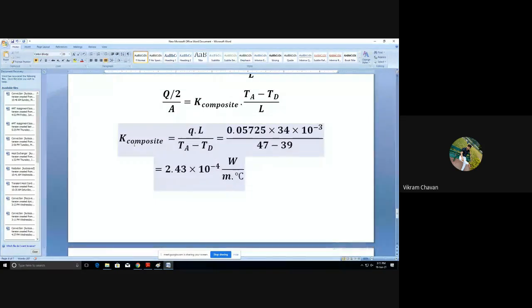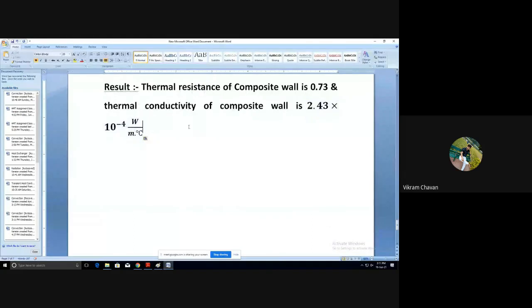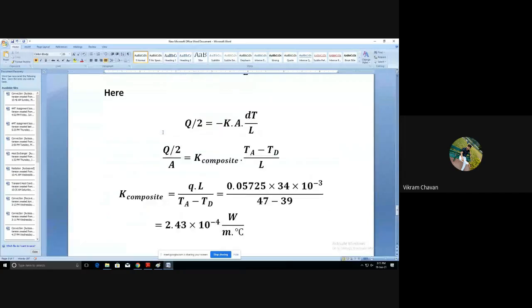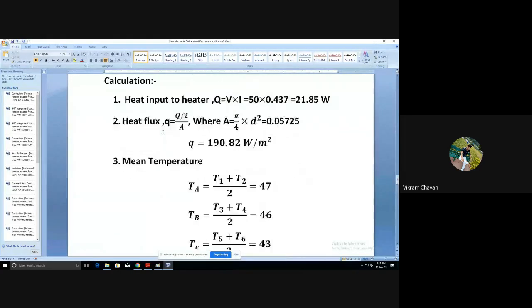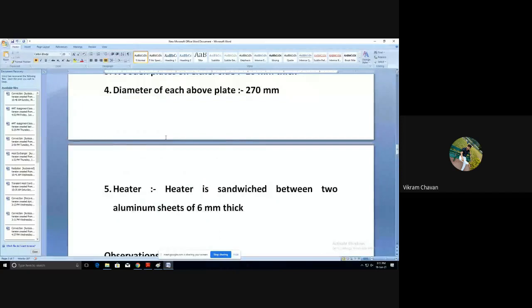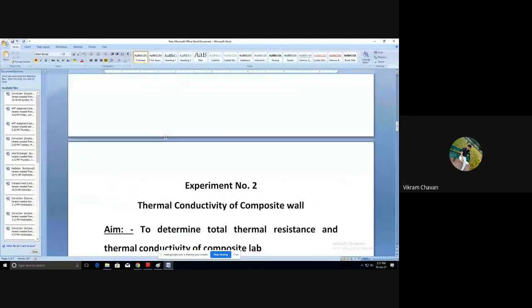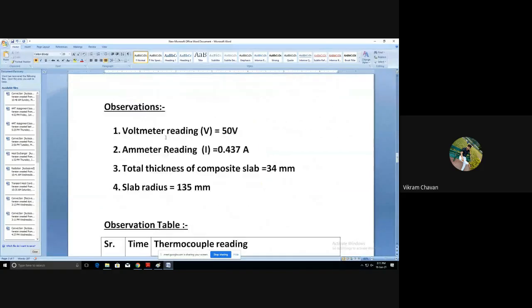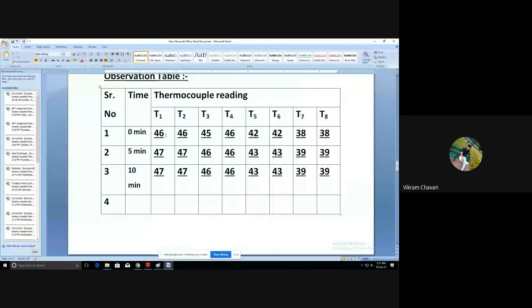Okay, so that's it about experiment number 2. I will share this particular document. You have to write this much only. Whatever I share for the second experiment, that much only you can write, and you can finish this experiment.